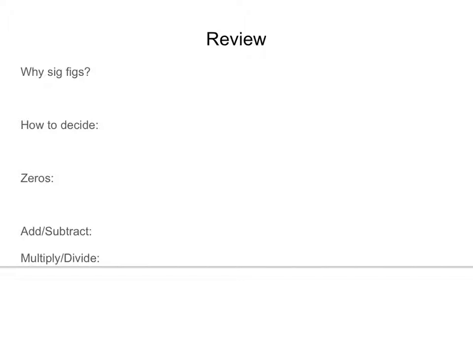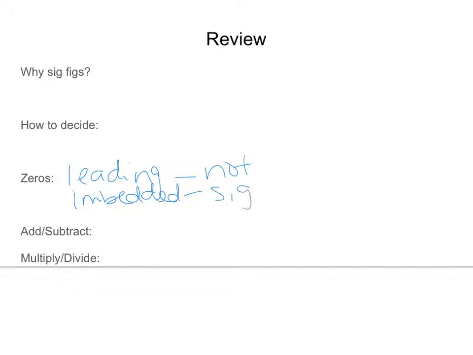Okay, so how do we decide what's significant or not? There are some zero rules. Okay, so leading zeros, not significant. Embedded, so if they're in between integers, they are significant. It's the trailing zeros that are kind of confusing, right?